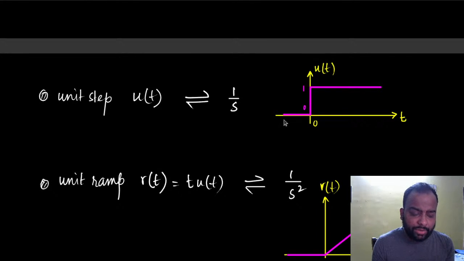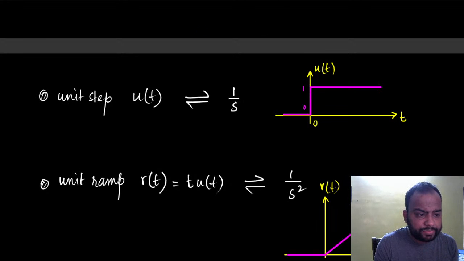Before t equal to 0, your position was 0. After t equal to 0, your position is 1, and the position remains 1. Your displacement is 1.